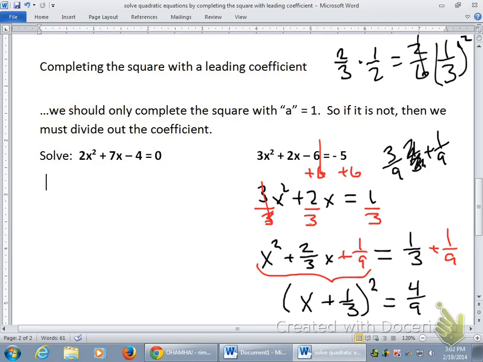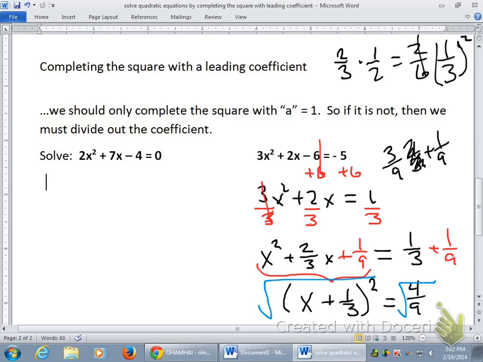Now I'm sitting in the same situation that I was the other day. I have a term raised to the second power. So in order to get rid of the square, I'm going to take the square root. So I'm going to take the square root of both sides, and I'm going to move over here to this side and finish this out.